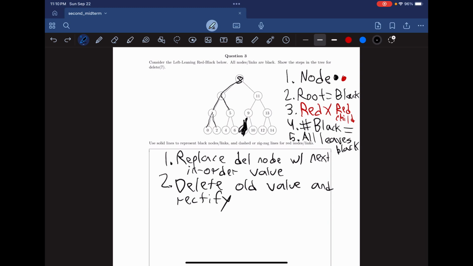So, in other words, by replacing the 7 with the 8, and just getting rid of that old 8, we have created a tree with the 7 deleted. This process can be much more complicated when you have red nodes and you have to shift and rotate things around in order to achieve a correct tree, but for this particular problem, that's not required.